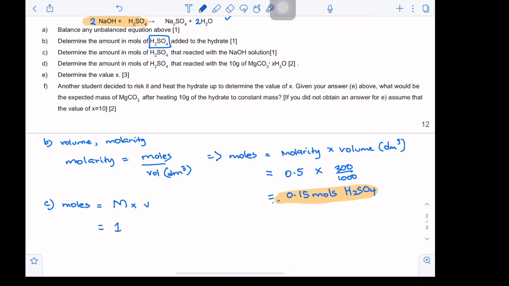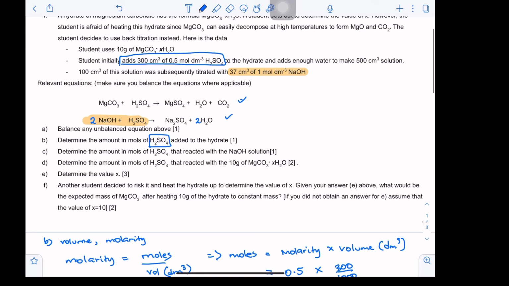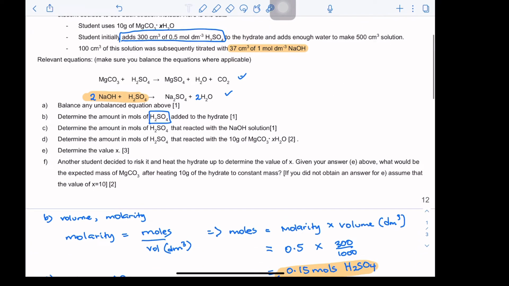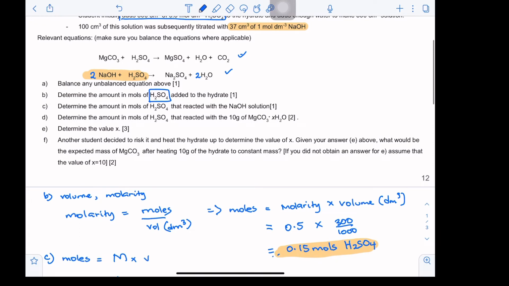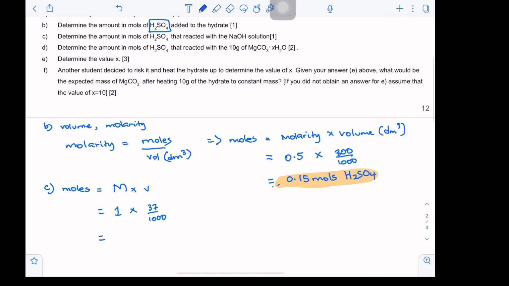Molarity is 1 molar, moles per liter, multiplied by the volume, which is 37. So we have 1 times 37 over 1000, and this gives us 0.037 moles of NaOH.